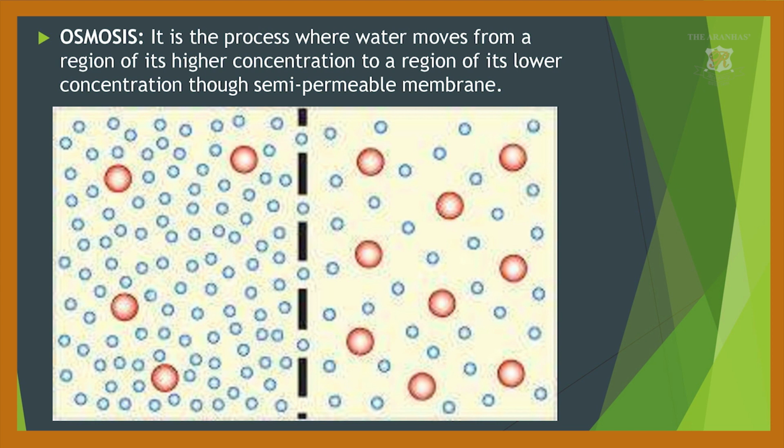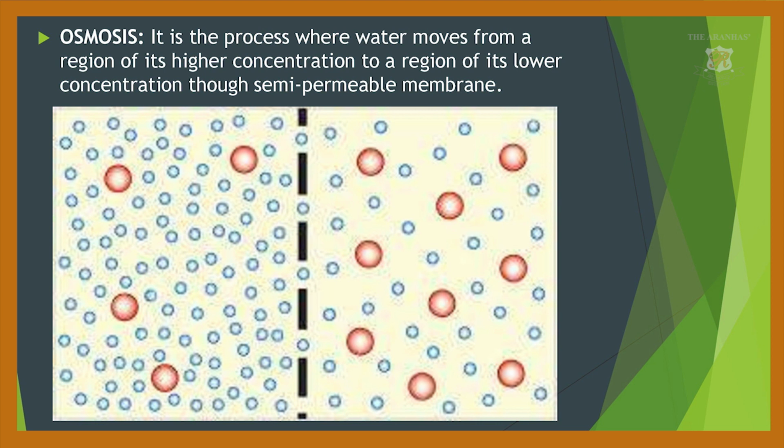So now osmosis is very clear: here the number of water molecules is more, meaning more concentration of water. The black perforated strip is considered a semi-permeable membrane. Now the movement of water starts.